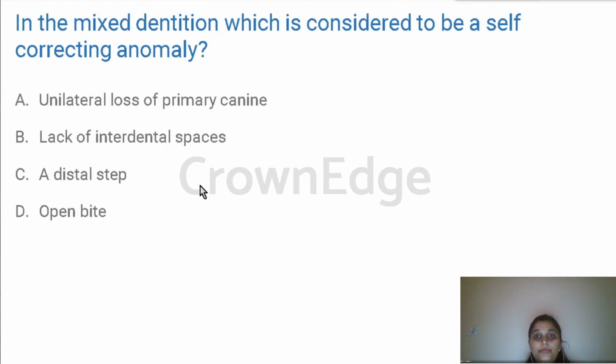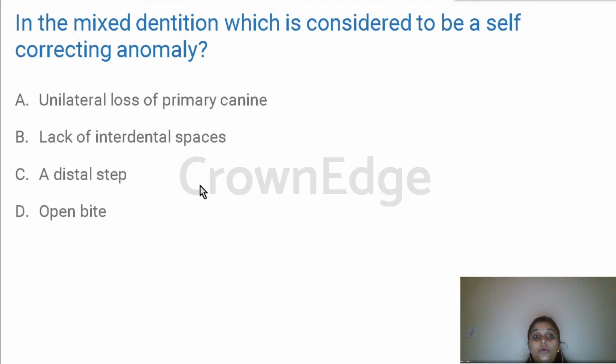Okay, I think somebody has a question. I'll just wait for you to finish and we will look at this question. This is the last question for today's session. In the mixed dentition, which is considered to be a self-correcting anomaly: unilateral loss of primary canine, definitely not good, because when you lose a primary canine on one side, your dental midline gets shifted.